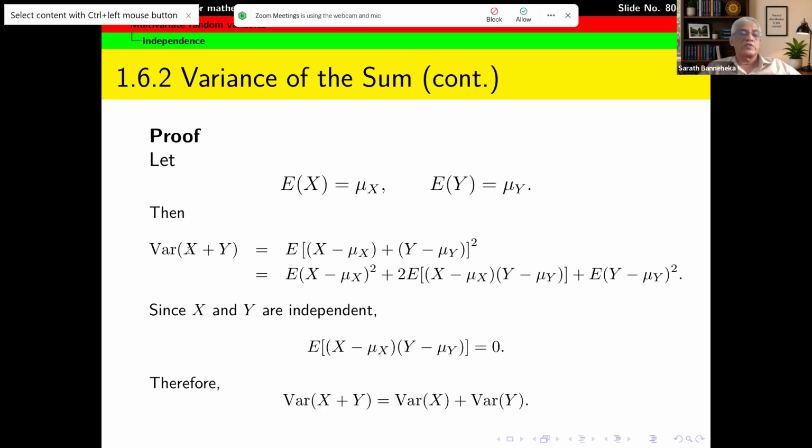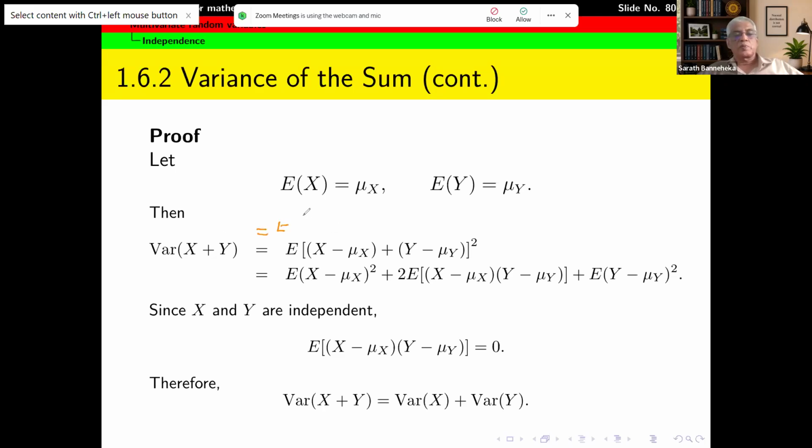So the variance of some quantity, let's say this is Z, variance of Z is equal to expected value of Z minus the expected value of Z, squared, right? So let me write down here, because I have ignored one line before this. So before this, there will be a term like this.